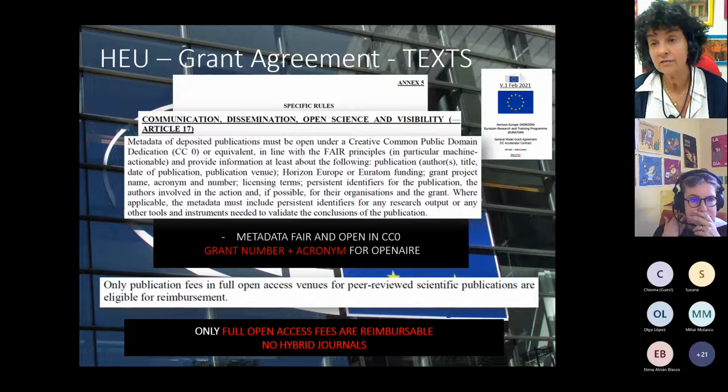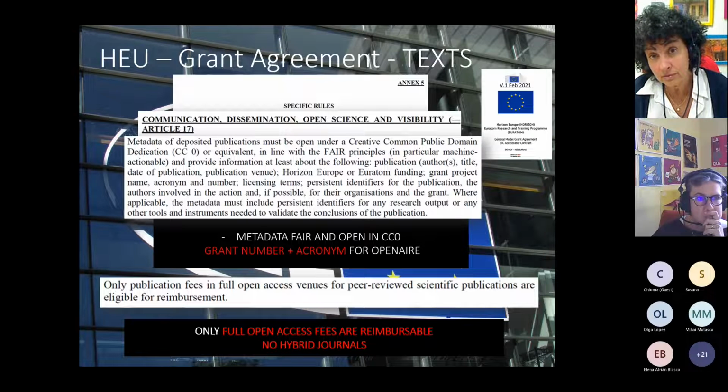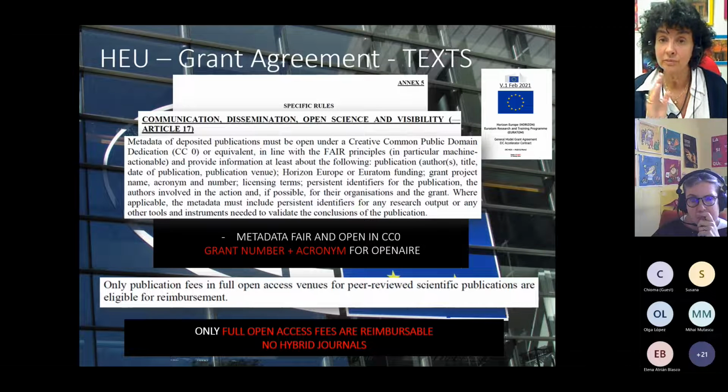For instance, if you plan to publish in Nature, do you know that Nature asks for an APC for a single article of 11,500 euros, okay? This will not be reimbursed. So be aware that in Horizon Europe, compared to Horizon 2020, hybrid is no longer eligible for reimbursement.